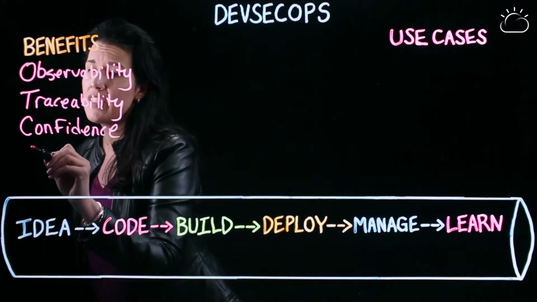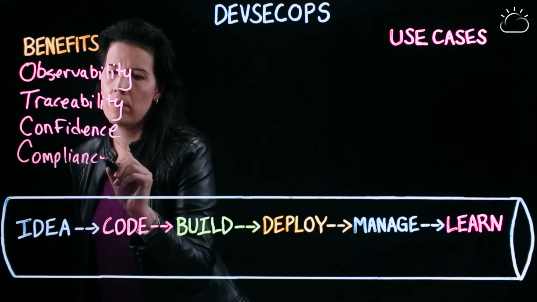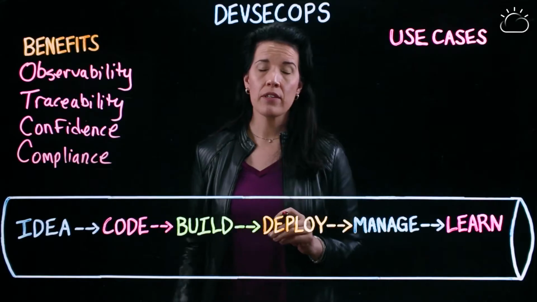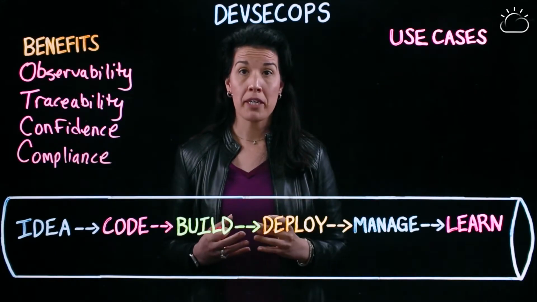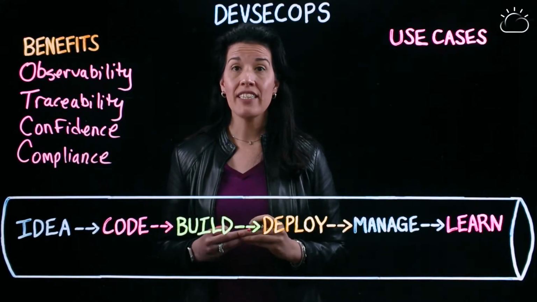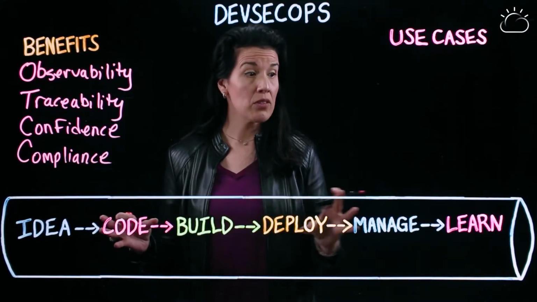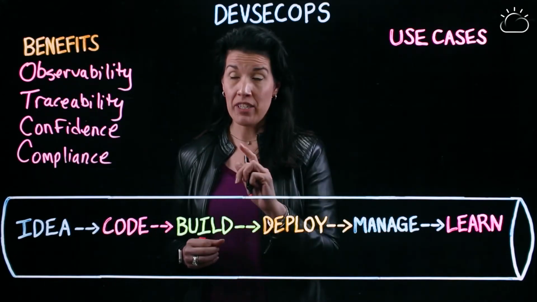And the last benefit here is compliance. This becomes increasingly important for specific industries like healthcare, public, federal, banking, and the like. We need to have compliance built into this release pipeline, and it needs to be engineered from day one.